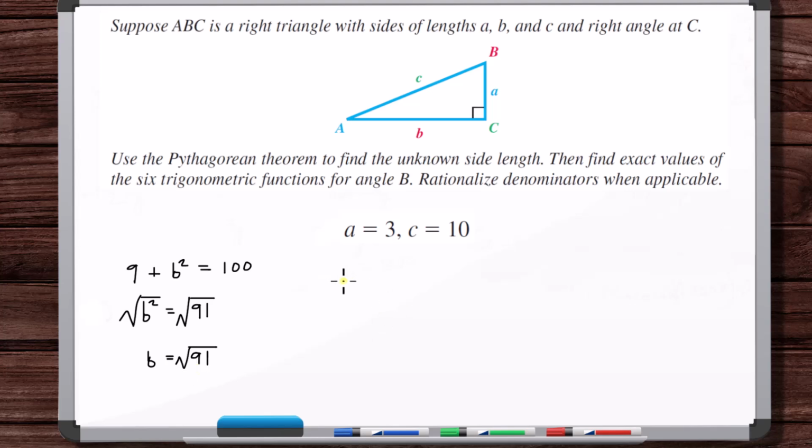Okay, so what is sine of B? That's going to be opposite over hypotenuse, so root 91 over 3. Cosine of B is adjacent over hypotenuse, a over c. Okay, tangent of B, opposite over adjacent, b over a.